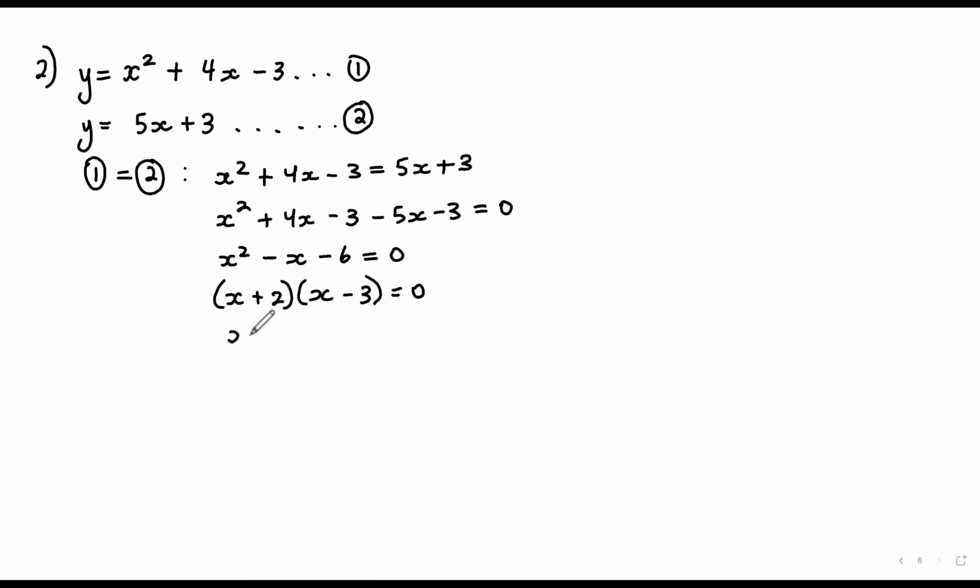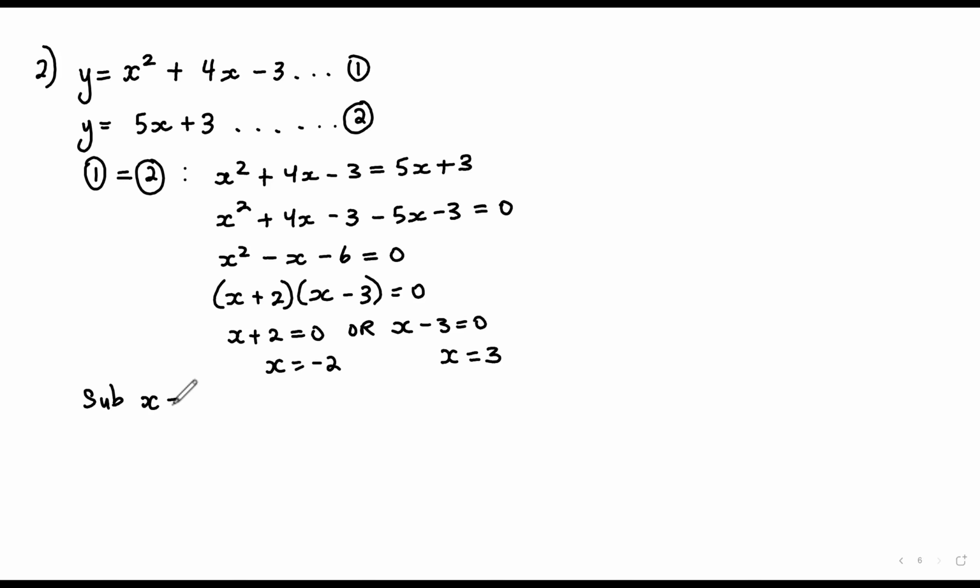That means that x plus 2 is equal to 0, or x minus 3 is equal to 0. So then x would be 0 minus 2, which is negative 2, or x would be 0 plus 3, which is 3. Now that we have what x is, we can substitute. This one was much simpler than the other factorizing because the coefficient of x squared was 1.